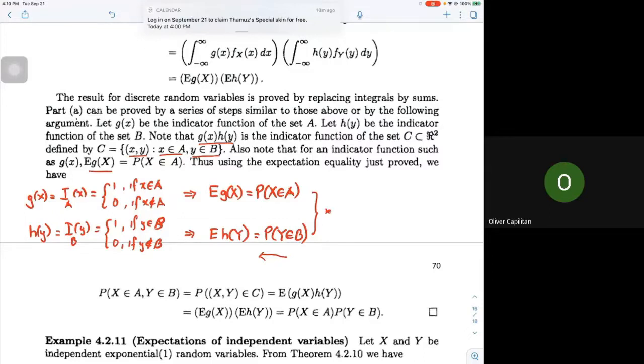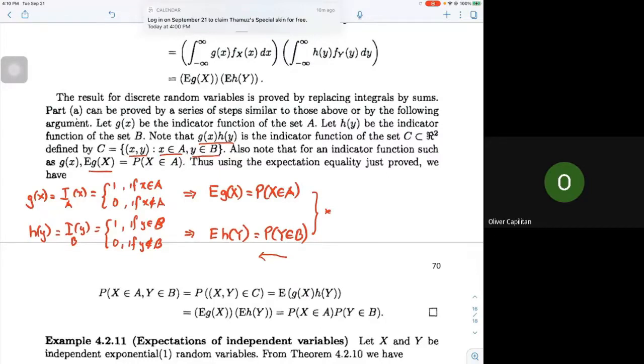Based on this premise that if we have random variables x and y independent, we can compute for the probability, considering that x and y are independent random variables.